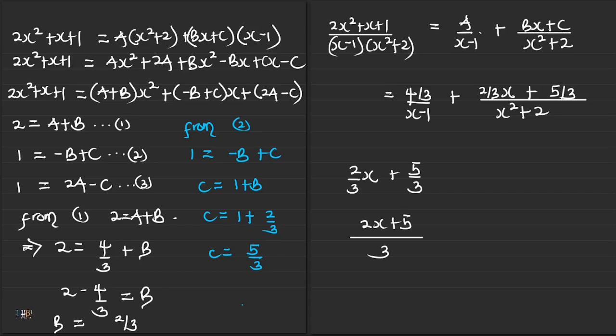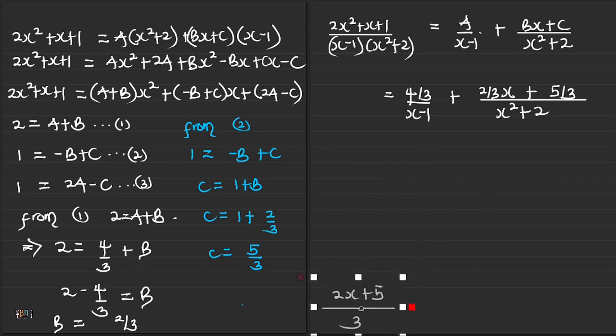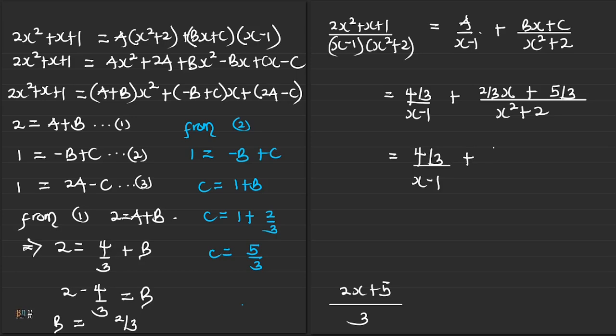This is what we are going to get. Okay, so let's keep that somewhere. We can come all the way here and say we have 4 over 3 all over x minus 1, then plus 2x plus 5 over 3 all over the x squared plus 1.